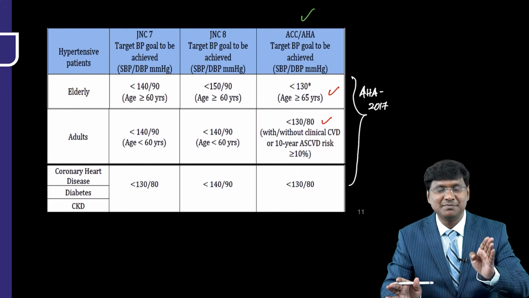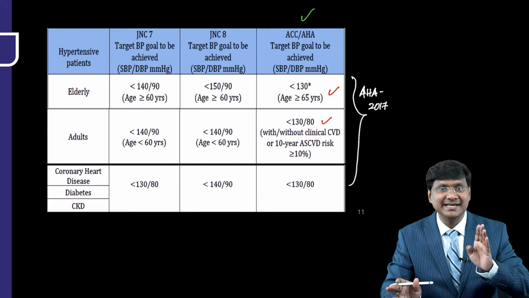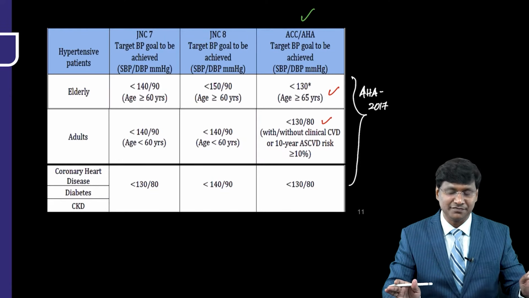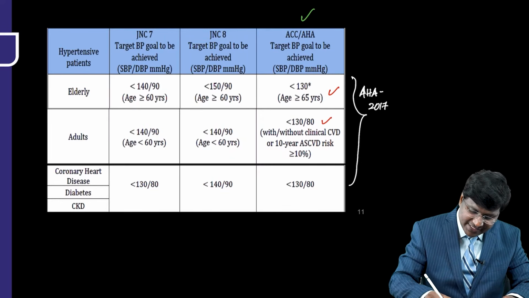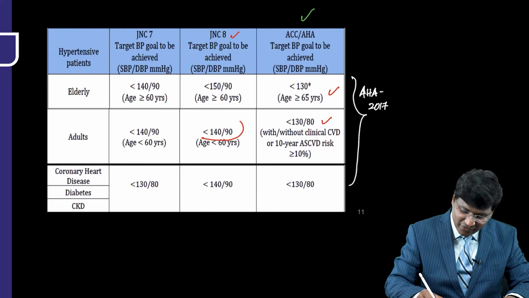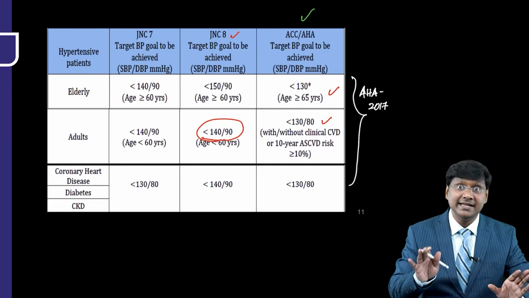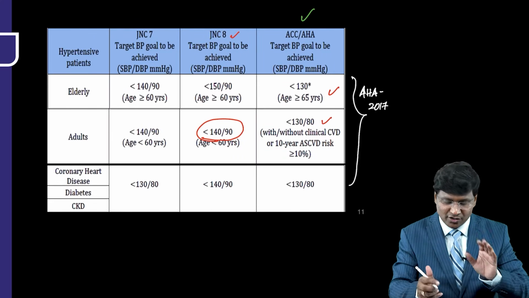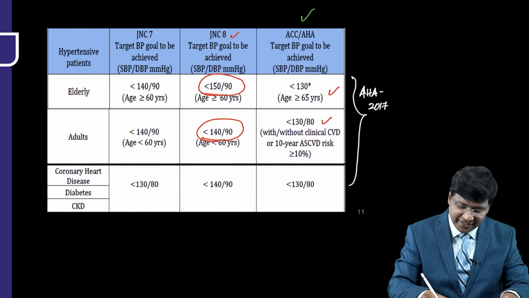So 130 is the SBP cutoff and 80 is the DBP cutoff. Whereas according to JNC 8, the cutoff is less than 140 by 90, and in elderly individuals, the cutoff is less than 150 by 90.